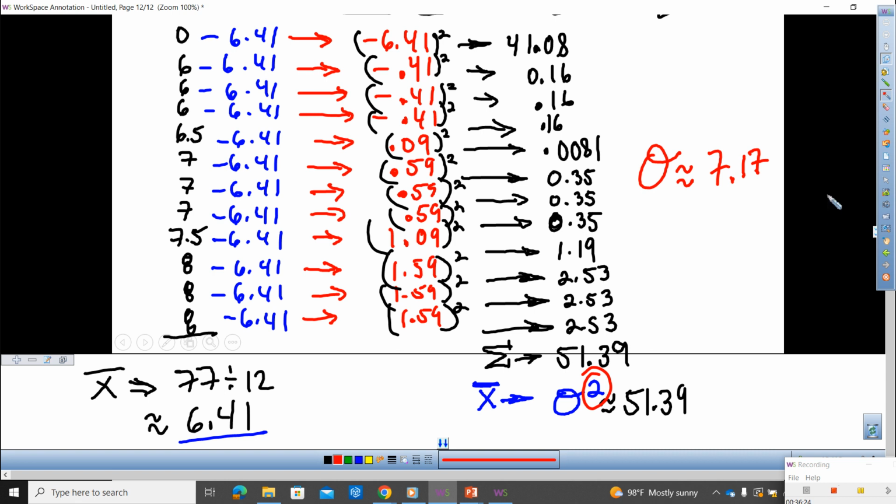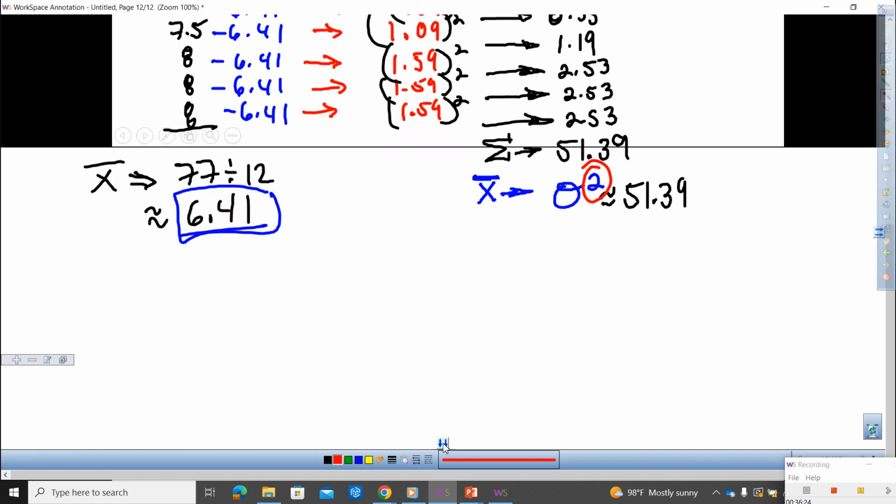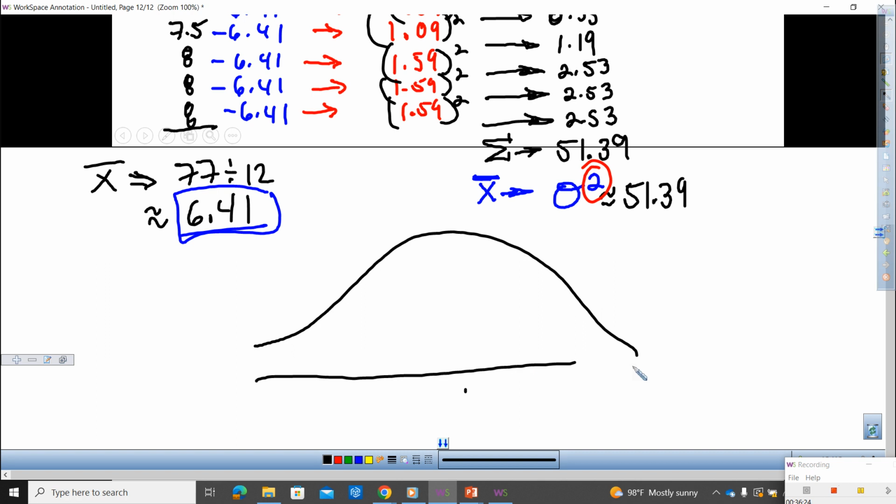So what was our mean? 6.41. What is our standard deviation? 7.17. So underneath that, let's draw our bell curve, nice and neat like mine.